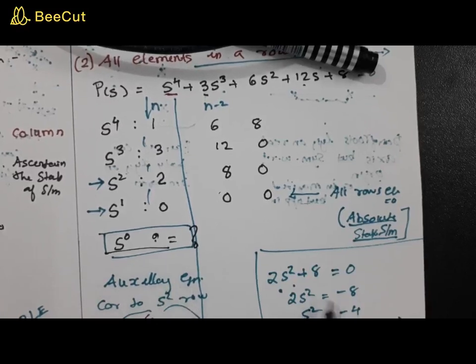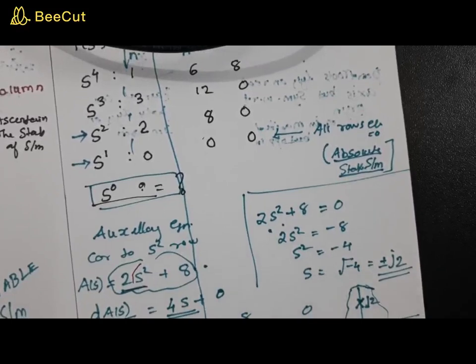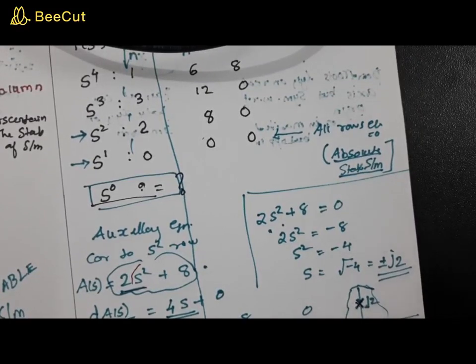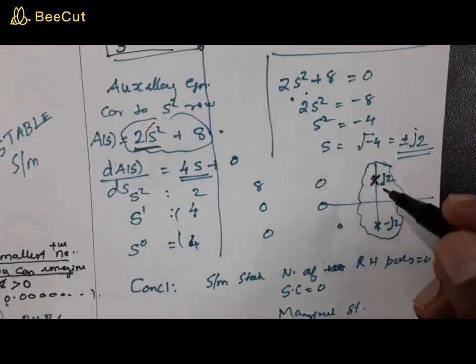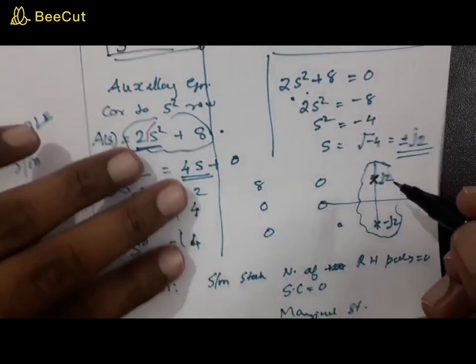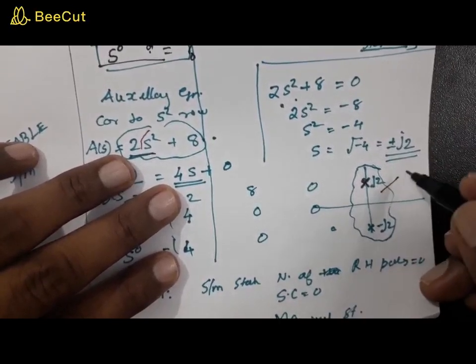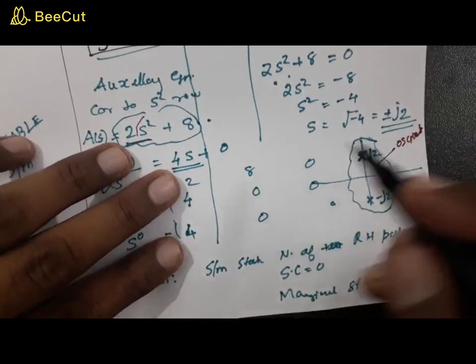We have seen that such an even polynomial will not have any right half poles, but it will have some poles on the imaginary axis. So that's why I told you that this is not an absolutely stable system, because the poles are on the imaginary axis. And once they are on the imaginary axis, the response is going to be oscillatory, which we have already studied.